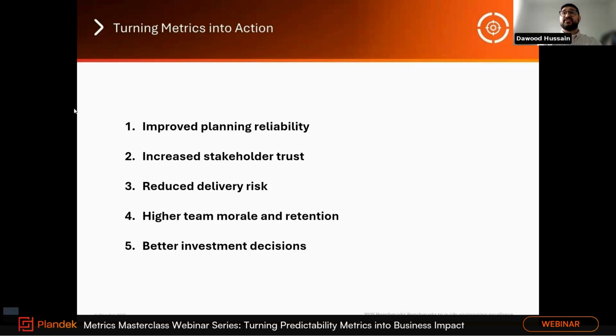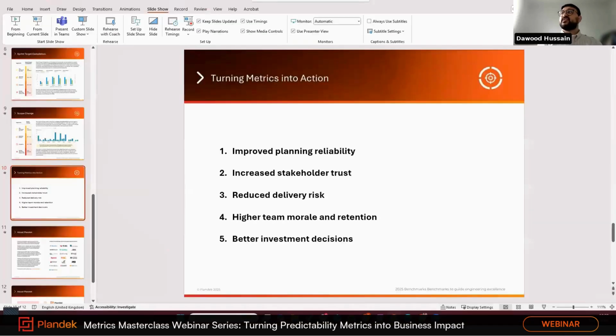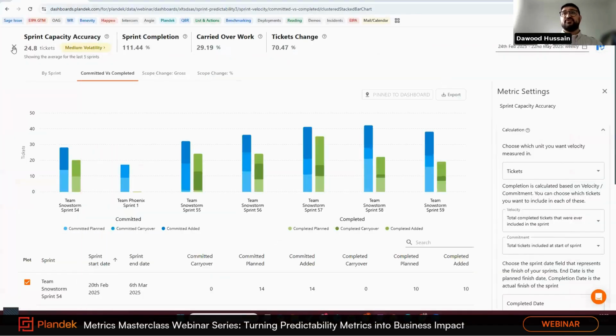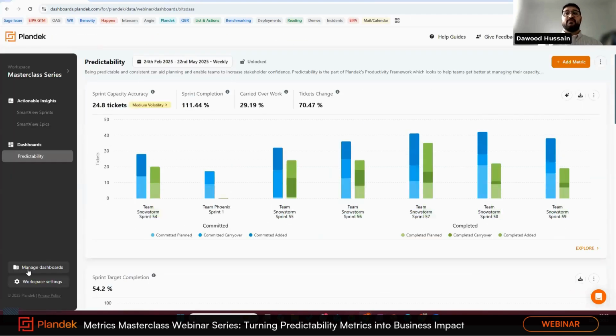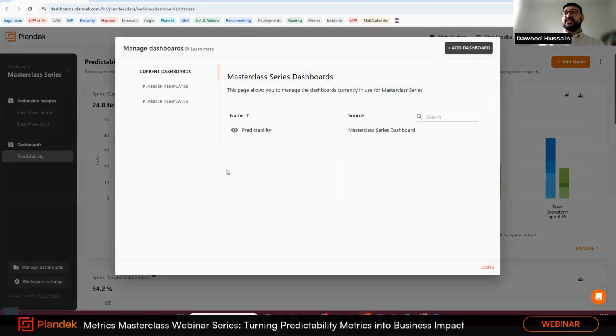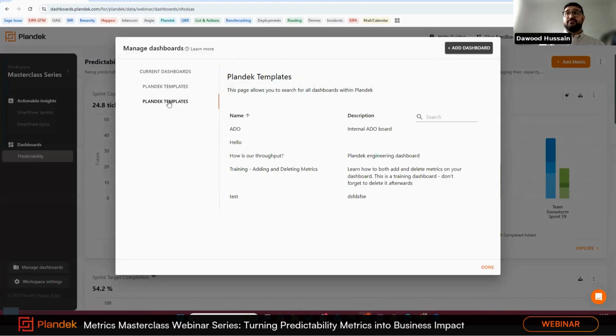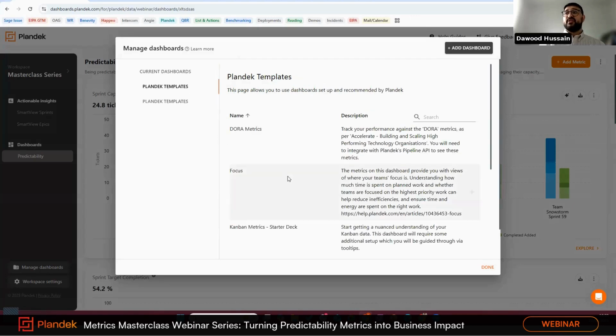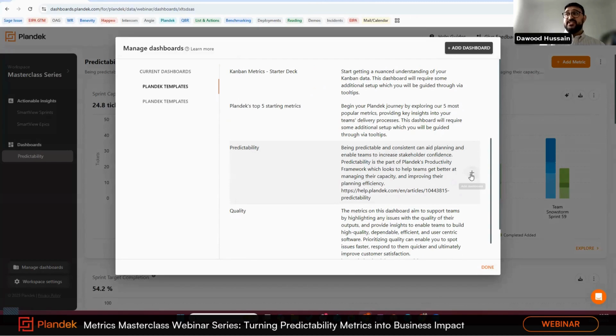The last thing I wanted to mention before I go, and I should have mentioned this earlier, so I do apologize to everybody, is we do have a predictability metrics template. On Manage Dashboards here in the bottom left, whenever you are in a dashboard, click on Manage Dashboards, and Plandek templates, the middle one rather, and scroll down, and you will see the predictability template here.